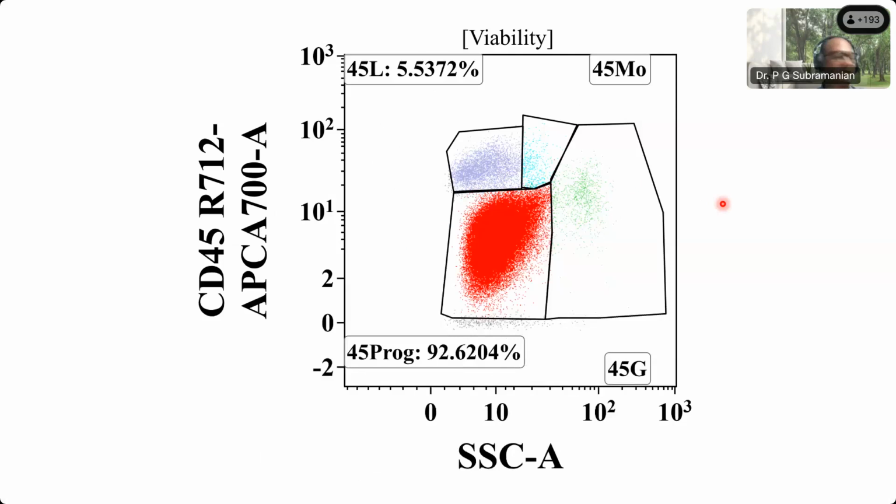So next, somebody can take this plot. What is this plot showing? This is a standard orientation plot which we look for, which is CD45 versus side scatter.